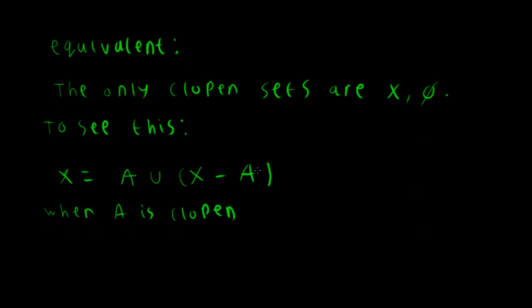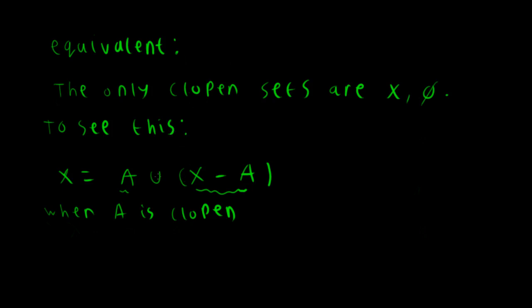And X minus A is also open because A is closed and open. So when it's closed, the complement is open. So we have that A and X minus A are both open. So unless they are X and the empty set, we have a problem.